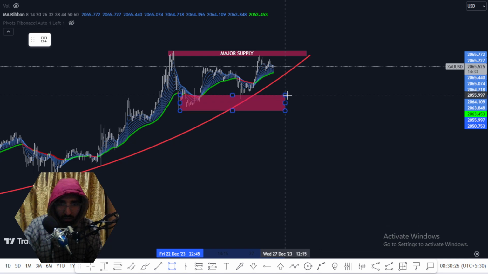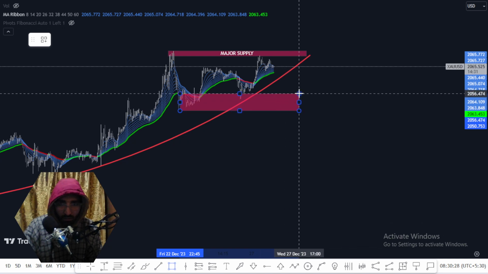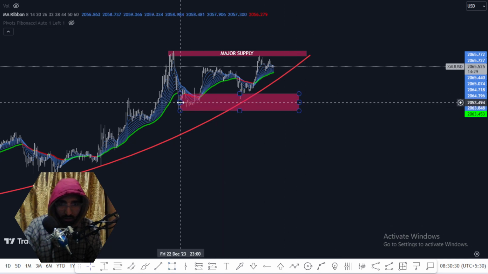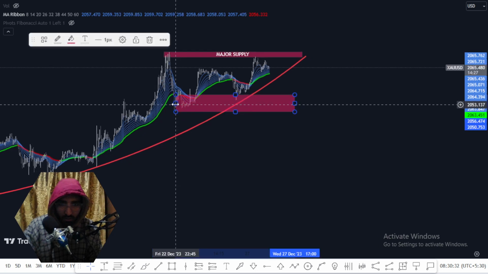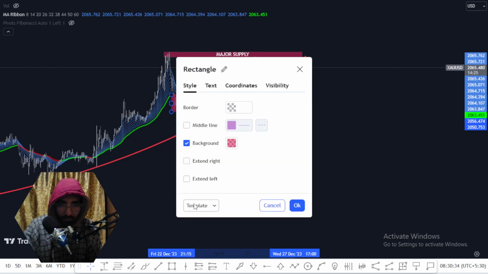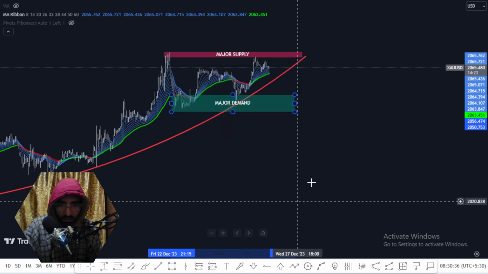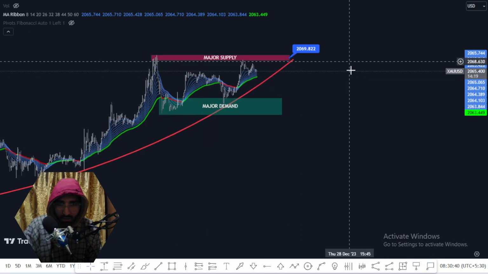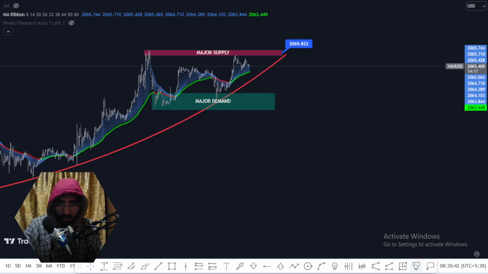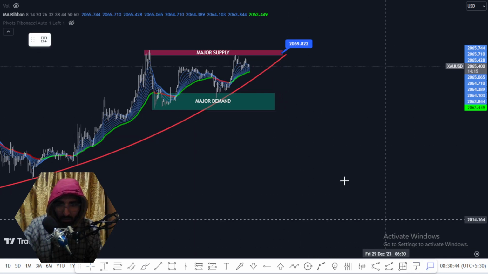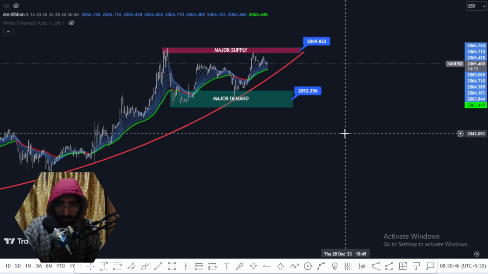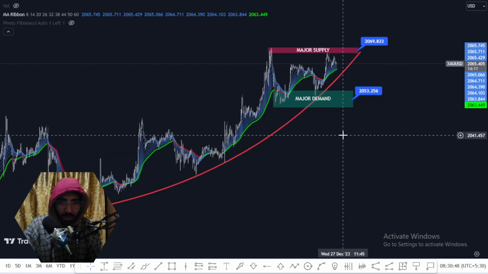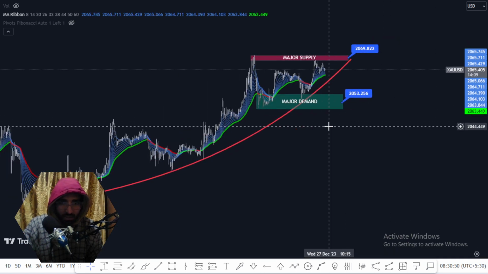You can see this major demand area. The major supply level is $2,069, and the major demand area will be $2,053. So this is the 50-minute time frame.